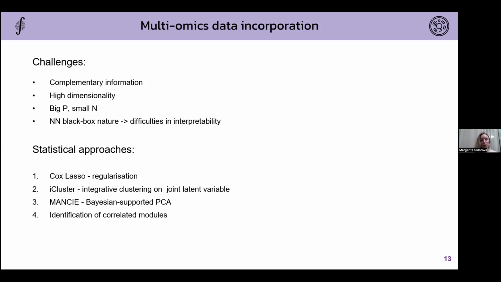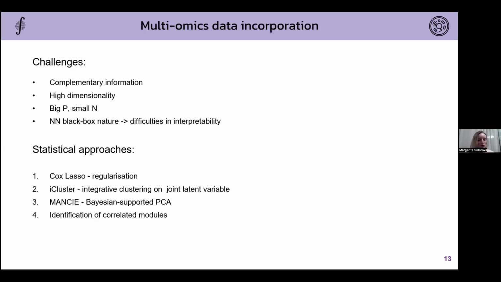There are several classical statistical approaches for these problems. For example, the regularization of our Cox models, and also integrative clustering on joint latent variable. So a latent variable is in fact a variable in the latent space, which can still give us lots of information about our data, however, be low dimensional.